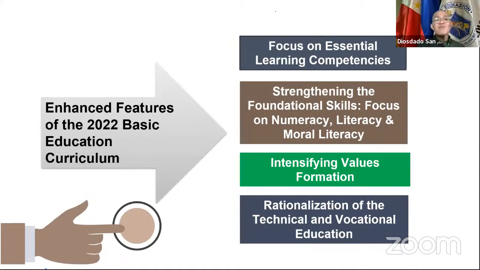Enhanced features of the 2022 basic education curriculum, as I suggested, will focus on essential learning competencies. When I was RD in Calabarzon, I don't know if you were able to experience this if you're in the schools, we issued the curriculum matrix. I told, when I was not yet a USEC for curriculum, I thought like a field official.